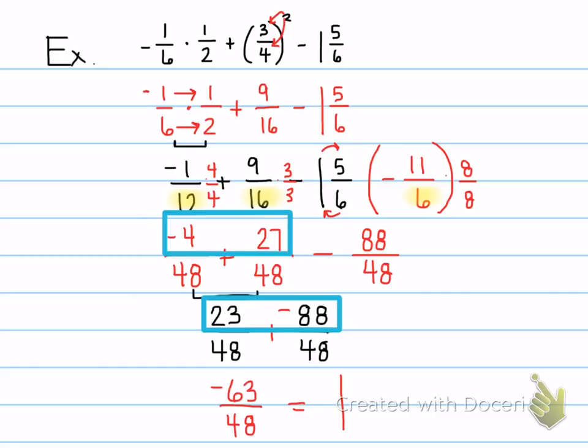Take away that 48, I have 17 left over. I'm going to catch my mistake this time. I have 15 left over out of the 48, and I know that that is negative. Now I should always check if you can simplify. We check our 2s, our 3s, our 5s, and I actually know that 3 goes into both of these numbers.